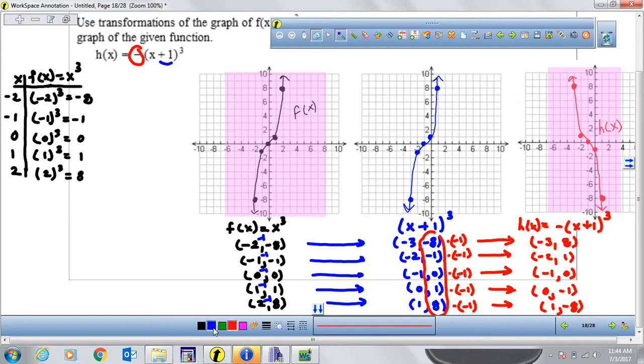So now we're going to describe how the graph of g and the graph of h are related to each other.